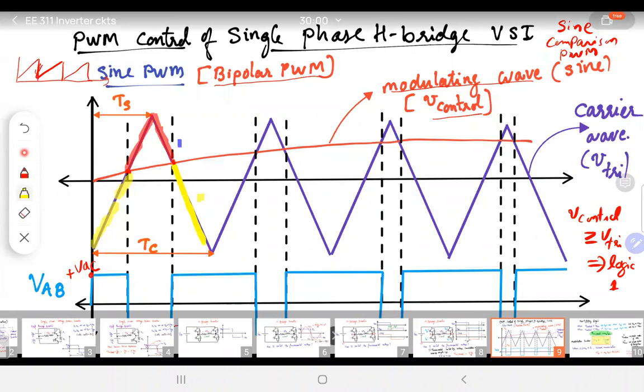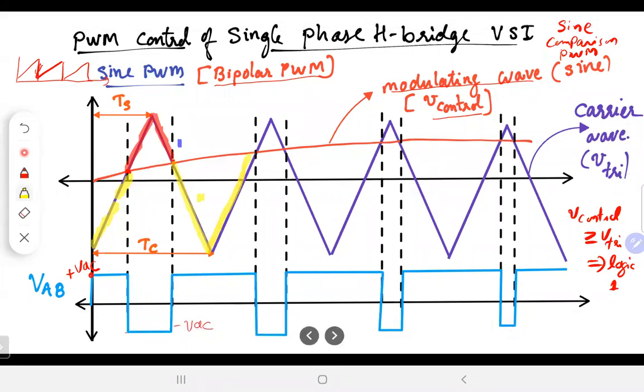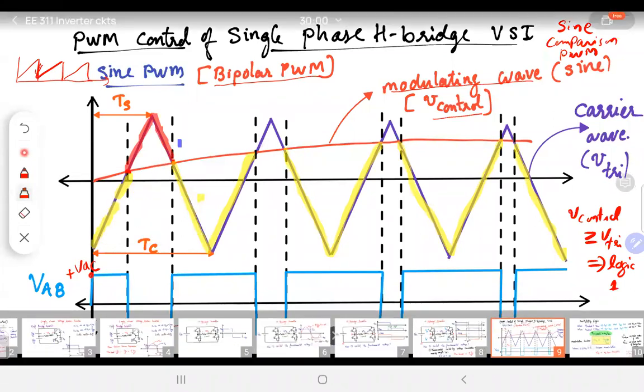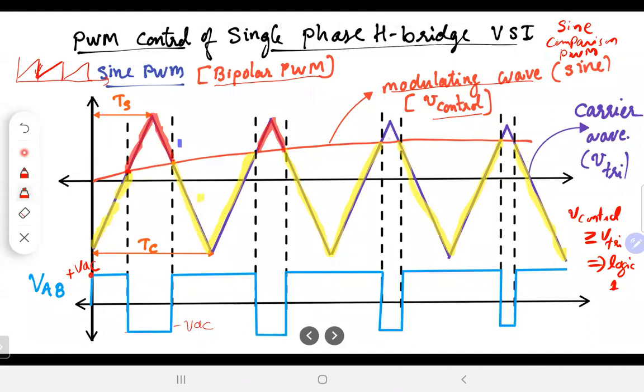And in this entire region here, the triangle is smaller. And again, this region, the triangle is smaller, and so on and so forth. Whenever the sine is greater than the triangle, we get a positive output voltage. And whenever the triangle is larger, we get the negative going part. This corresponds to the triangle greater than sine.